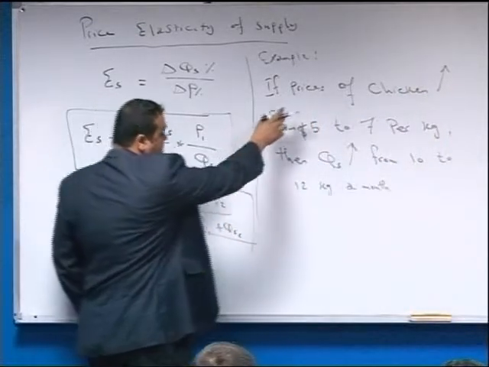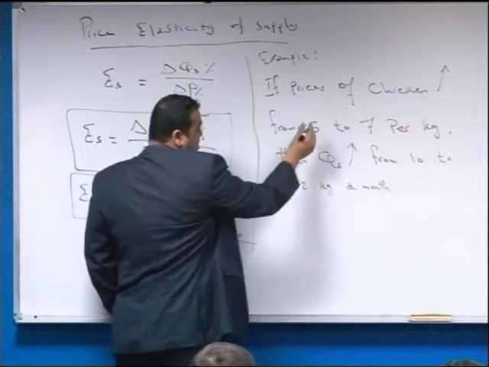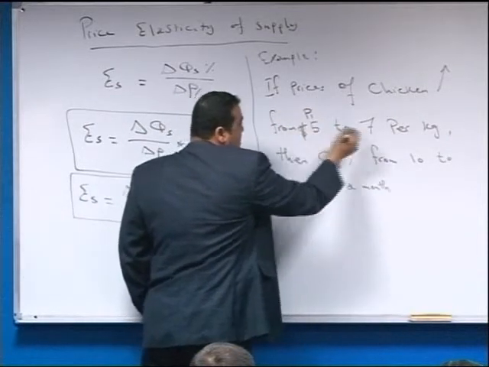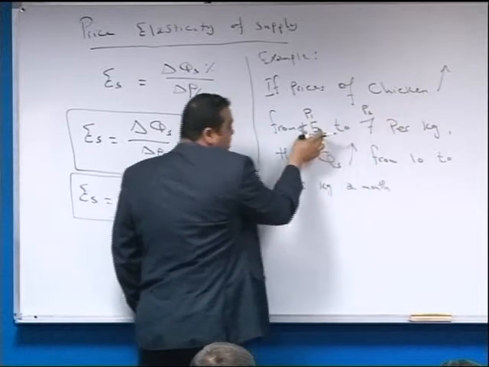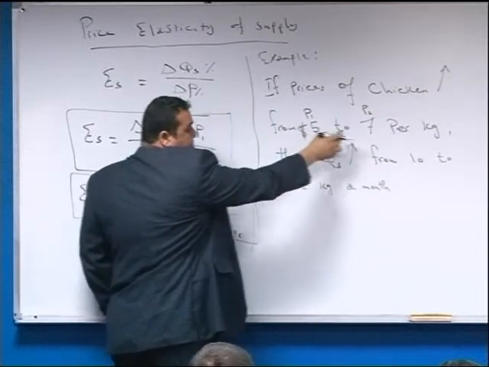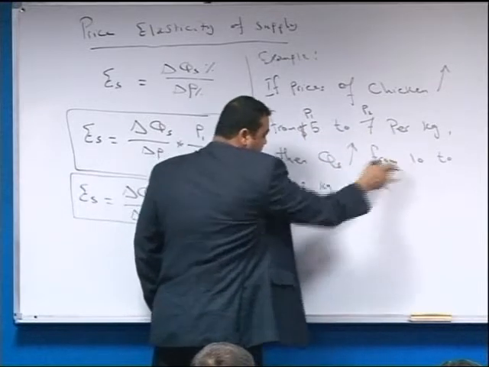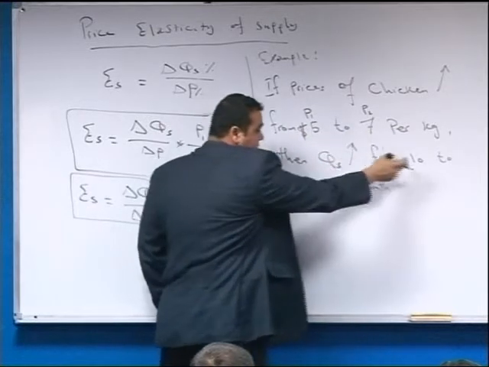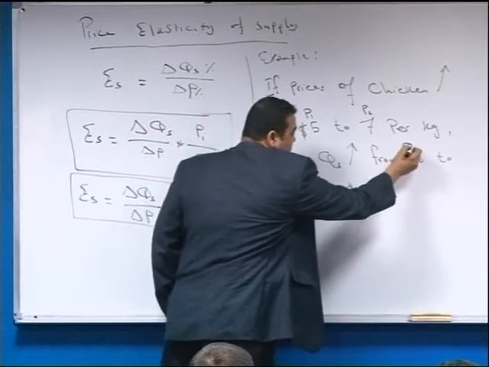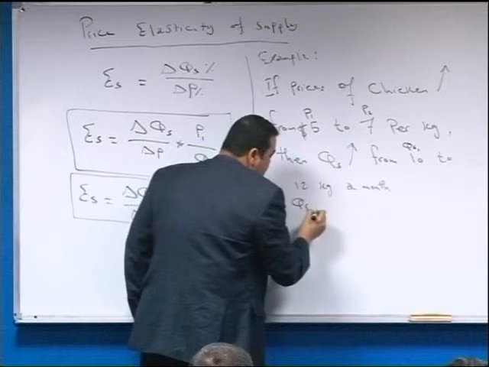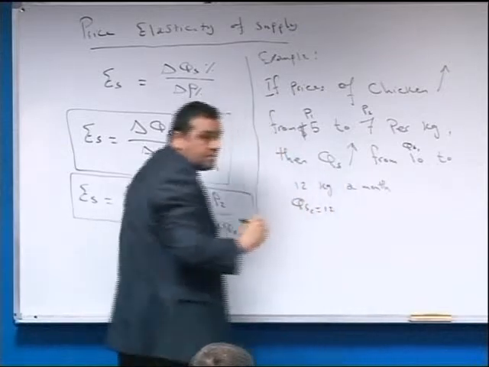As you see, the price increased from 5 to 7. So P1 is 5 shekels, P2 is 7. Quantity supplied increased from 10 to 12, so QS1 equals 10 and QS2 equals 12.